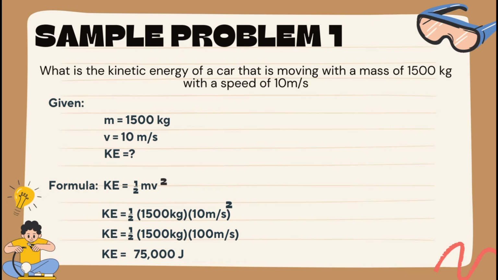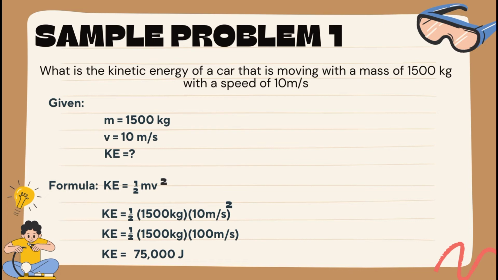We have 1,500 kg, which is in kilograms, so it is our mass. We also have 10 meters per second, that is our velocity. And KE would be our missing value.